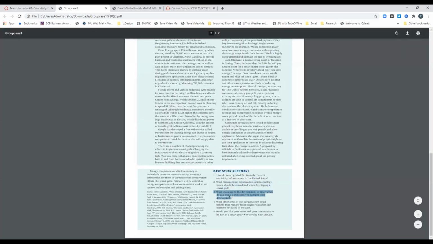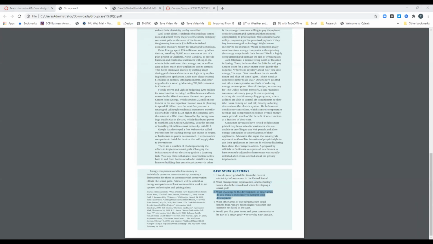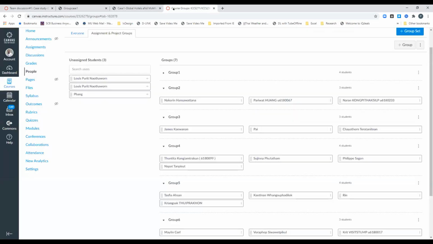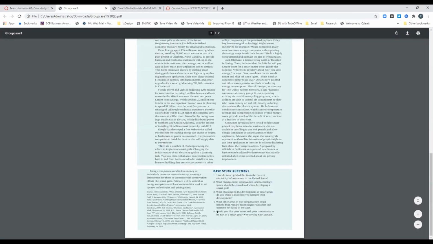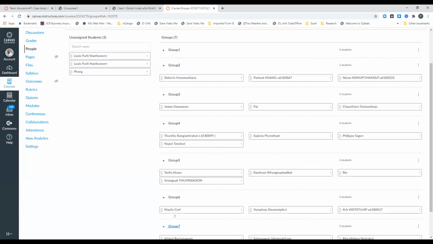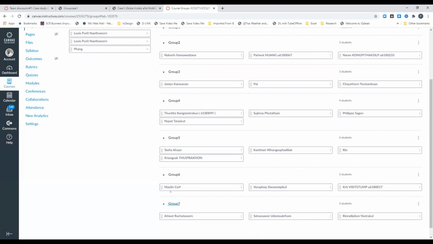Question 3 will be answered by Taspia's team. Also, question 4 will be answered by Maylin's team.